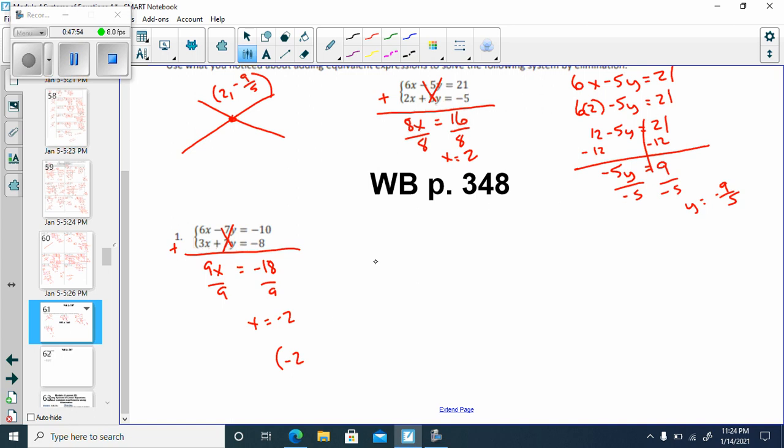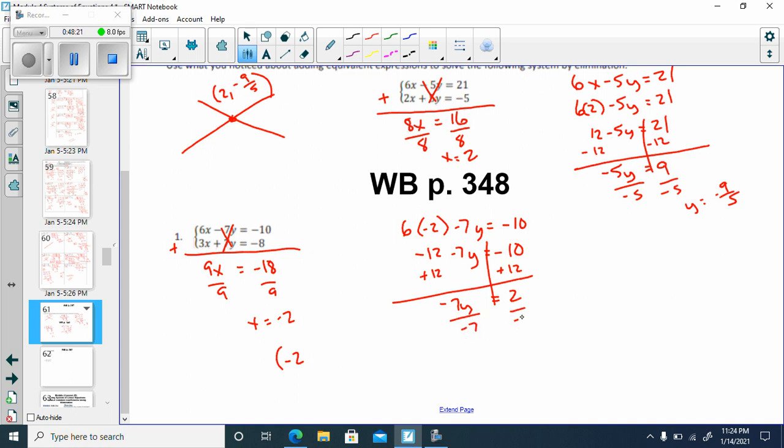So my x is negative 2, let's find my y. 6 times negative 2 minus 7y equals negative 10. Negative 12 minus 7y is negative 10. Let's add 12 to both sides. Negative 7y is equal to 2. Divide both sides by negative 7, and y would be negative 2/7.